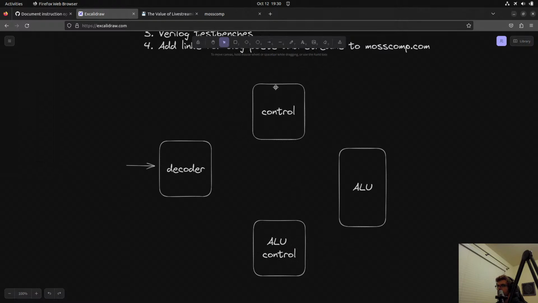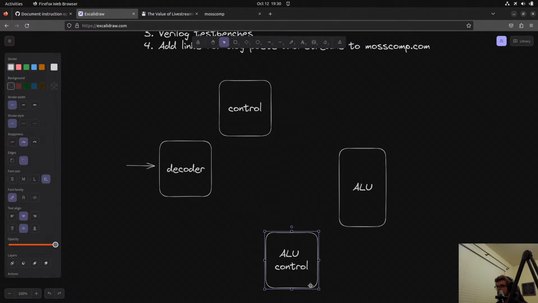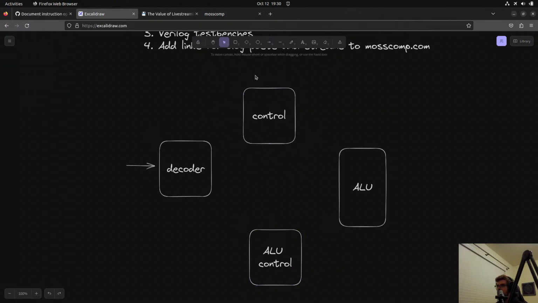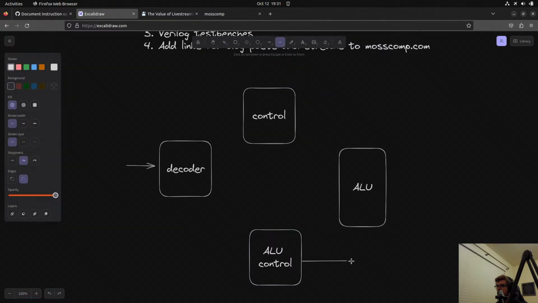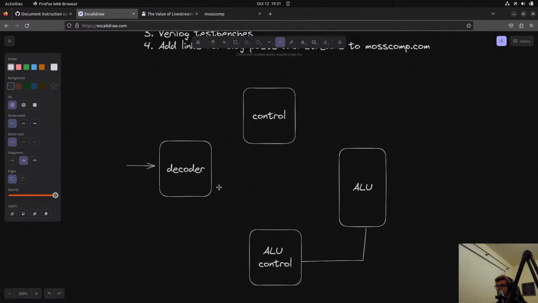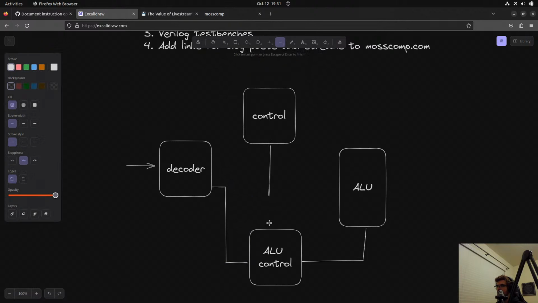So, for example, our ALU control is going to tell the ALU what to do, but that's based off funct3 values coming in here, as well as this control coming in here. So it's basically selecting.